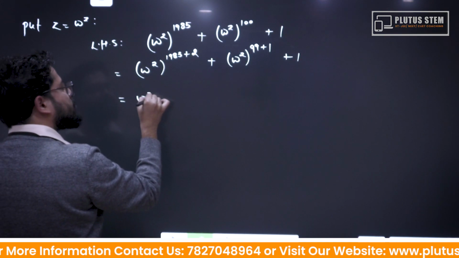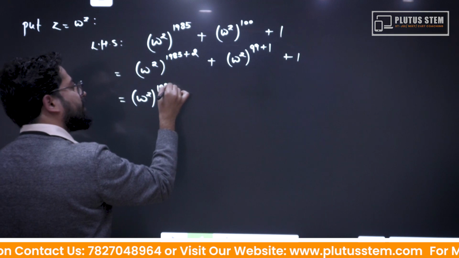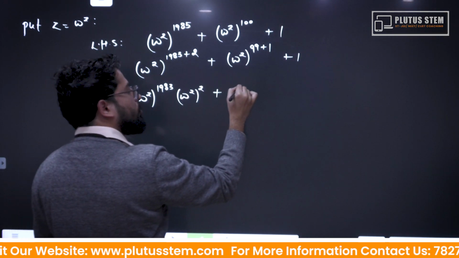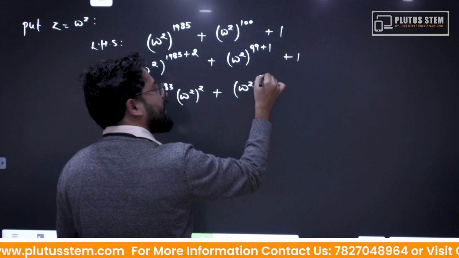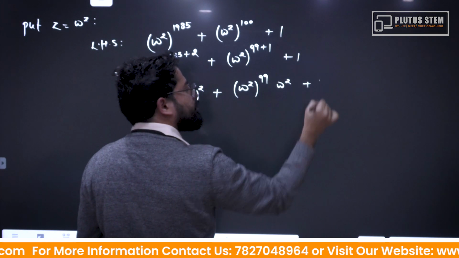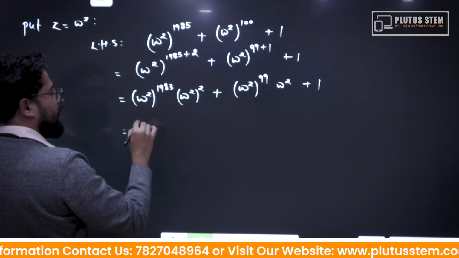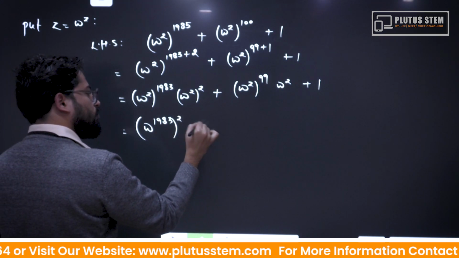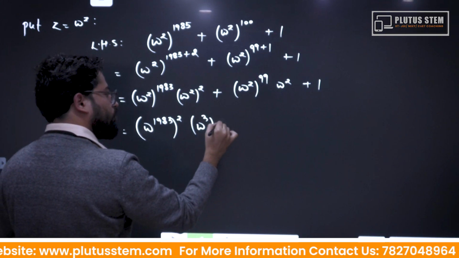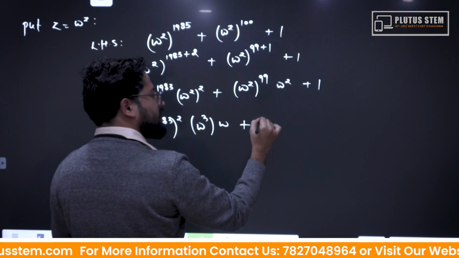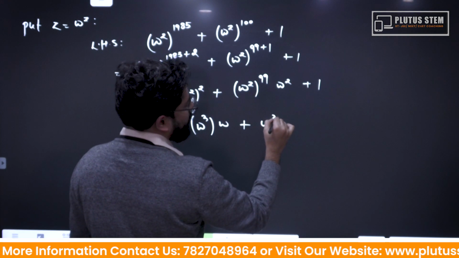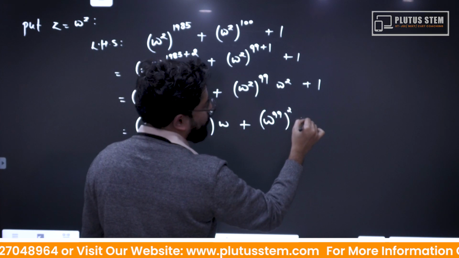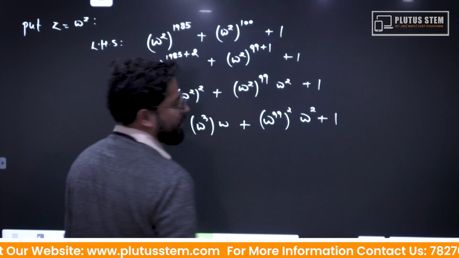So that is omega square power 1983 into omega square power 2, plus omega square power 99 into omega square, plus 1. Again this is omega 1983 to the power 2, omega power 3 into omega, plus omega power 99 to the power 2 into omega square plus 1.